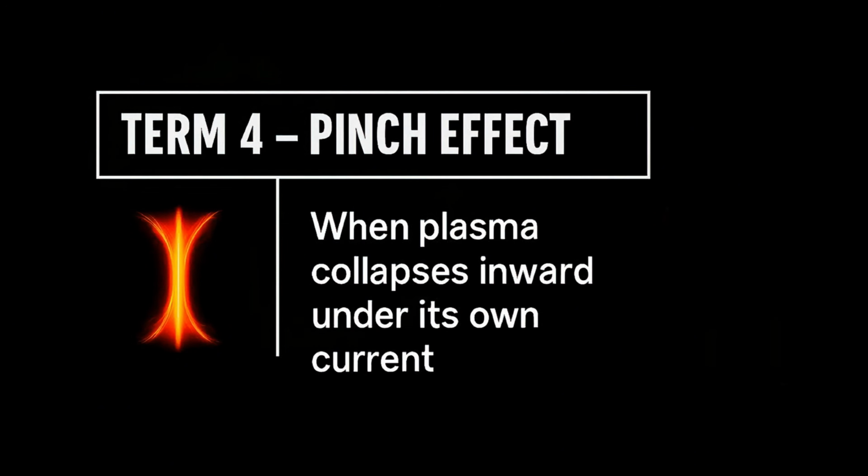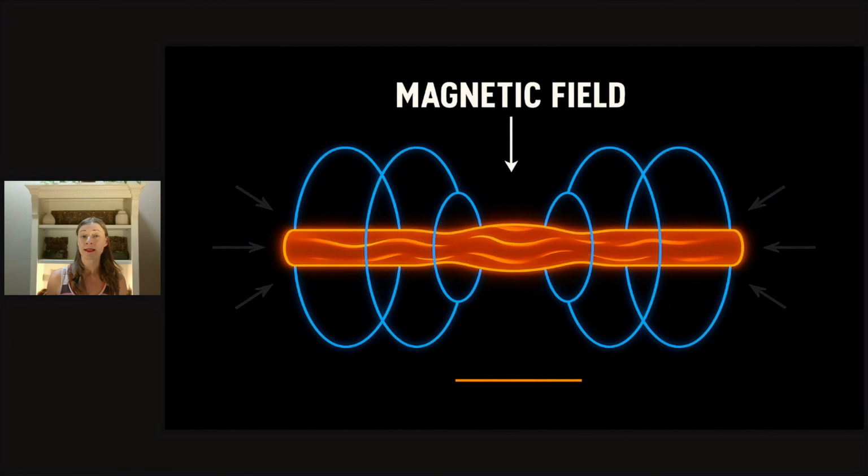This is when plasma collapses inward under its own current. You'll see that when charged particles begin to flow, they generate that magnetic field we talked about earlier. It wraps around the current itself, and as an effect, it starts to compress the very flow that created it. You can see this process here.